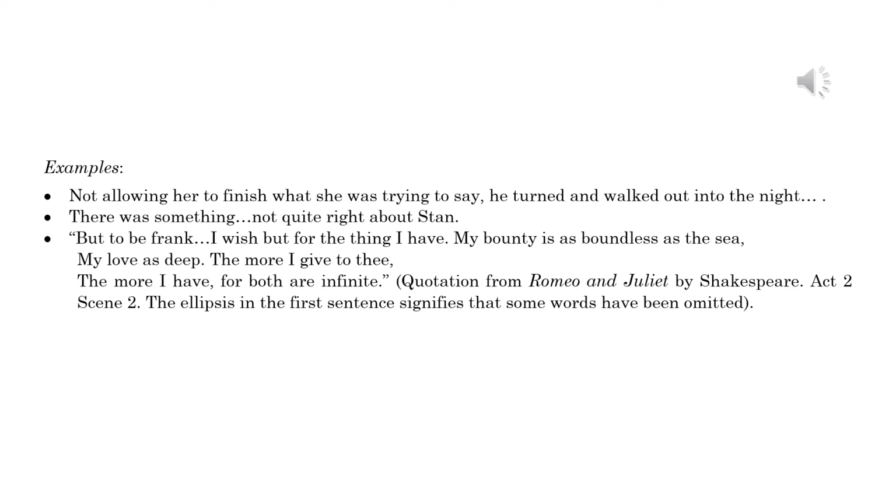My bounty is as boundless as the sea, my love as deep. The more I give to thee, the more I have, for both are infinite. Quotation from Romeo and Juliet by Shakespeare, Act 2, Scene 2. The ellipsis in the first sentence signifies that some words have been omitted.